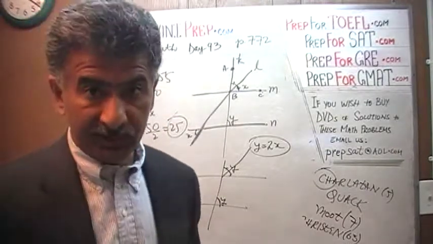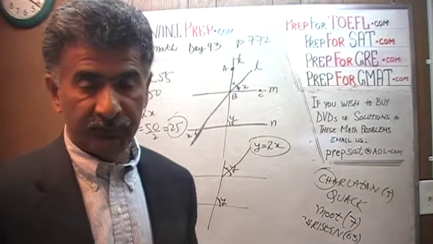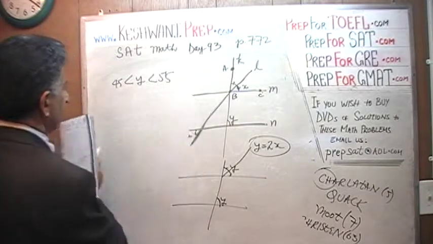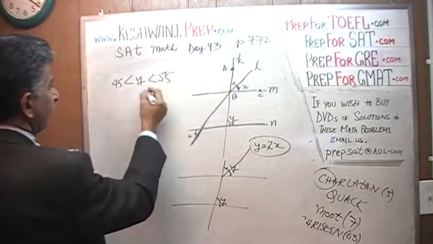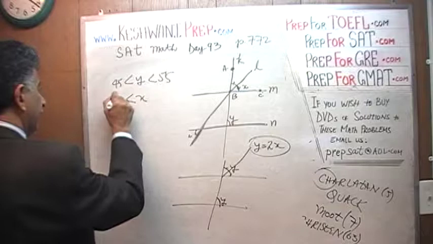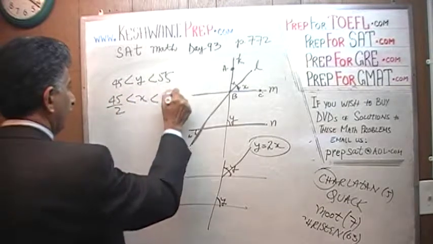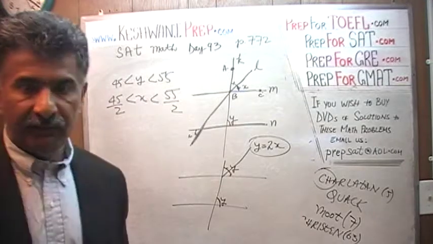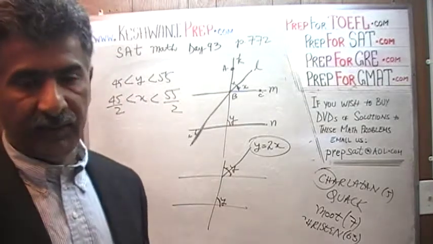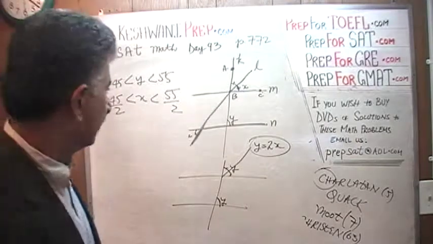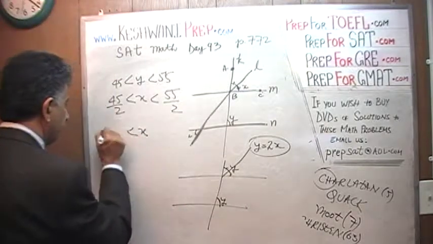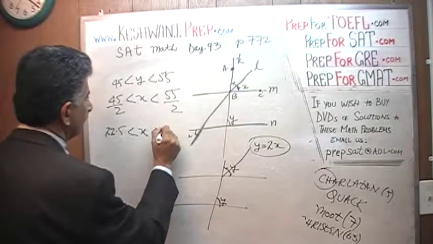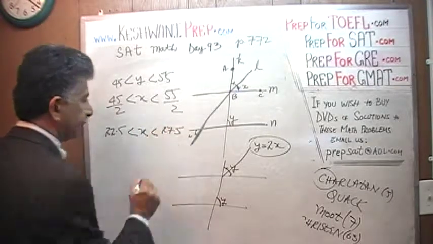Now if you wanted to find a complete answer, just for theoretical purposes, for learning purposes, the complete answer would be this. If y is between 45 and 55, then x would have to be between half of 45 and half of 55. In other words, x is between 22.5 and 27.5.